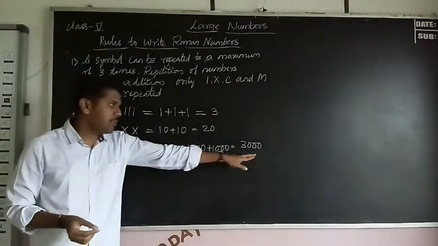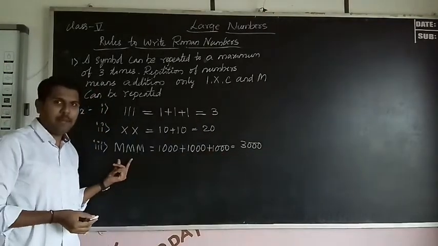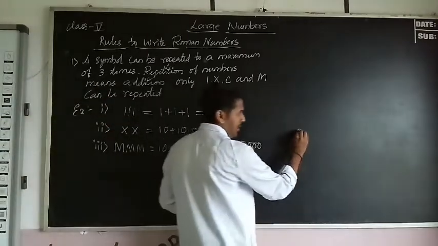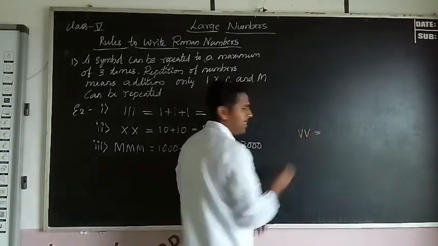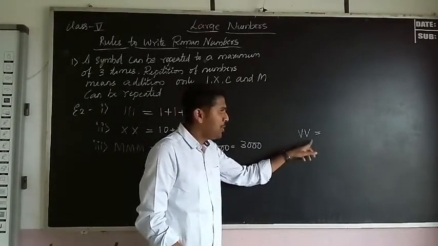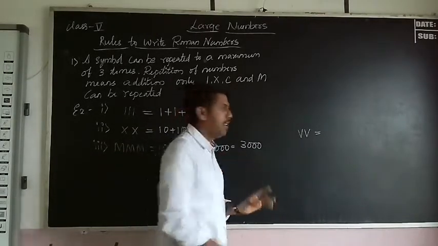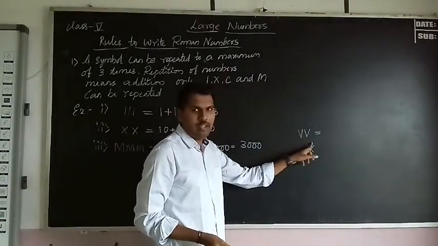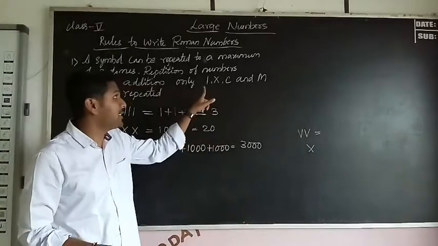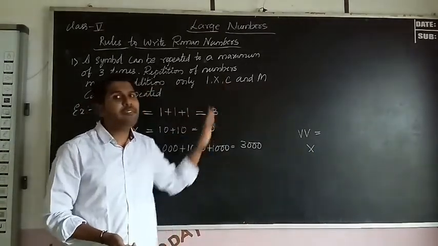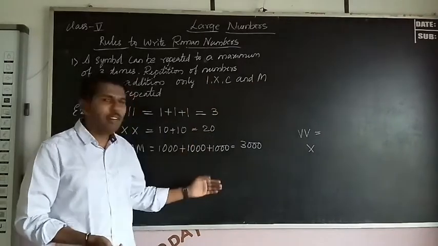So we can write 3000 in Roman numbers as MMM. But we can't write VV for 10, because the value 10 is X. We can repeat only these four letters: I, X, C and M. This is the first rule. Go on writing all the rules.